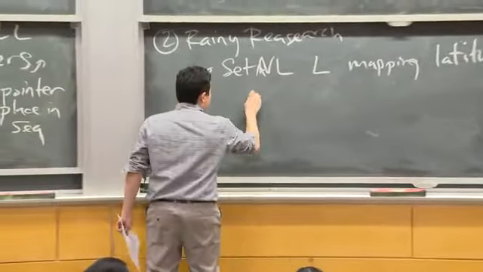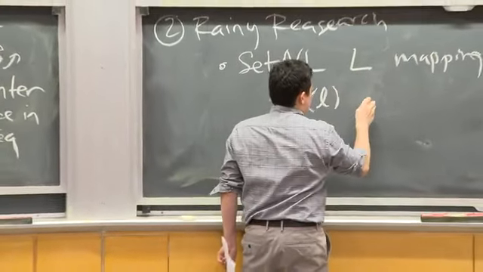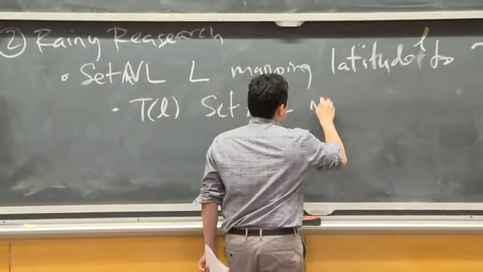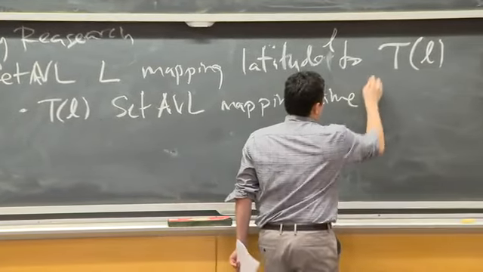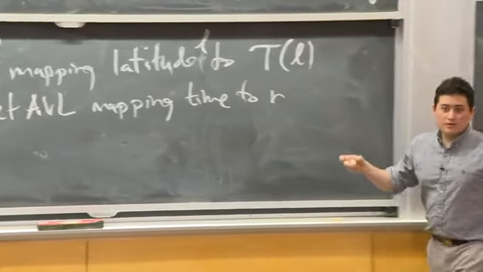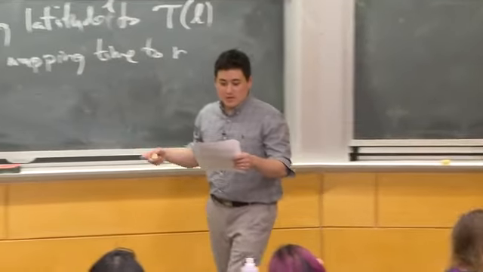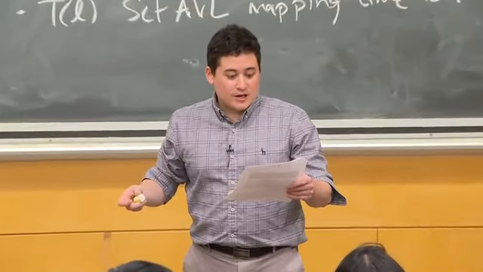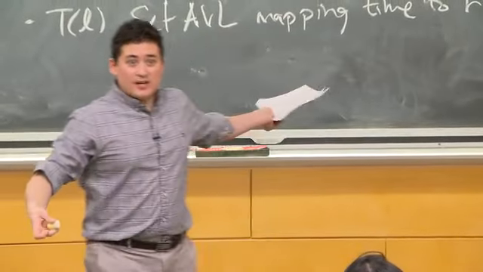Now each one of these time data structures is a set AVL mapping time to the rainfall measurement. If my query was to return the rainfall of the thing with latitude L and time t, we'd be done, kind of.